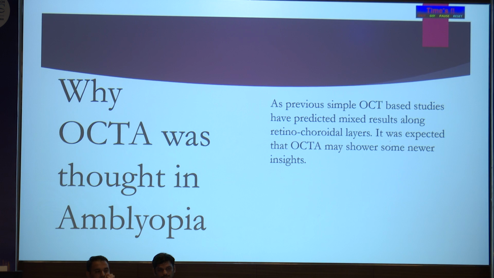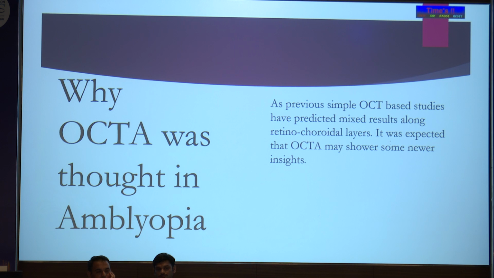So why was OCTA thought of in the first place for managing or even diagnosing amblyopia? Previously in 2009, Repka et al. performed studies using OCT in anisometropic amblyopes. What he found was that not just the nerve fiber layer, the whole of the neurosensory retina was abnormal, in the sense that the thickness was varying.